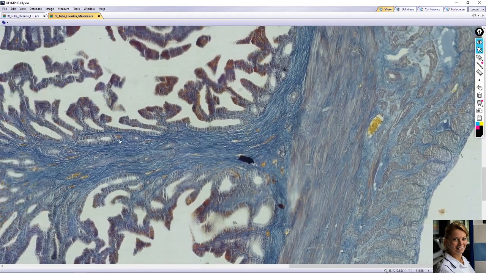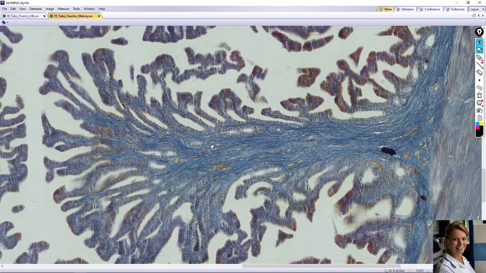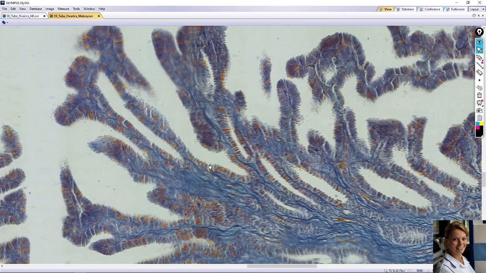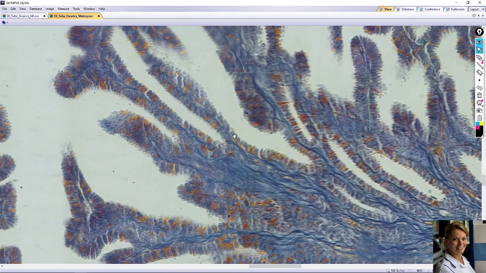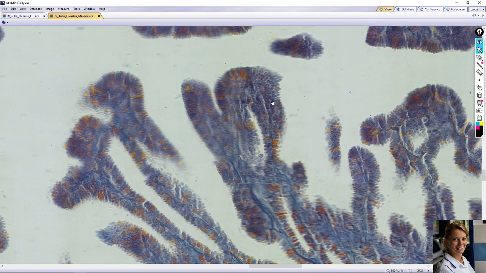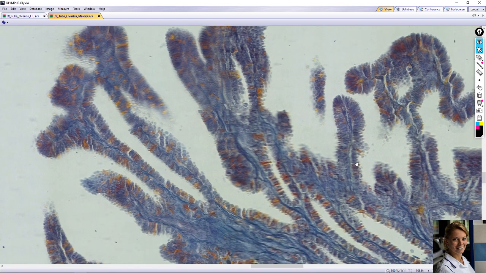This is connective tissue with blue collagen fibers, and the epithelium which covers the lamina propria, and the blue cells are the ciliated columnar cells, and brown cells are the peg secretory cells.